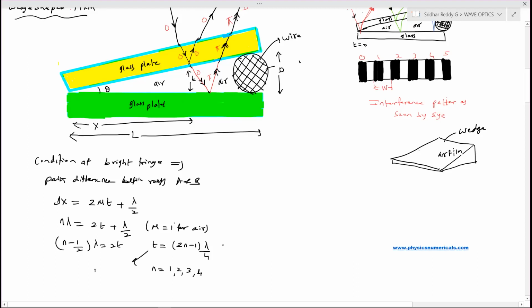So what is this t? The thickness of the air film. Similarly for dark fringes, what can we write here?